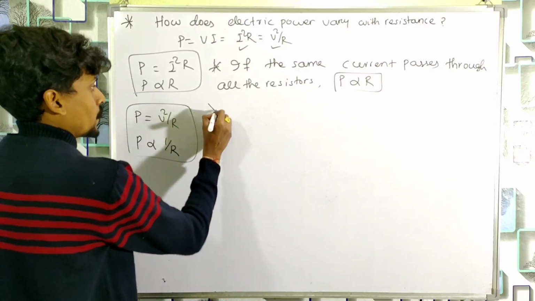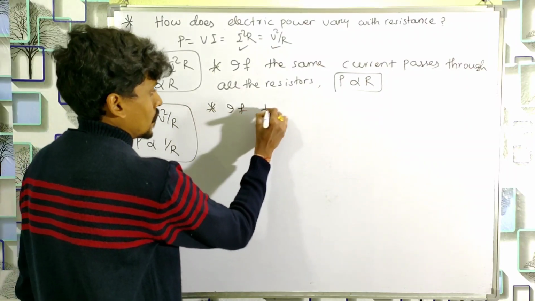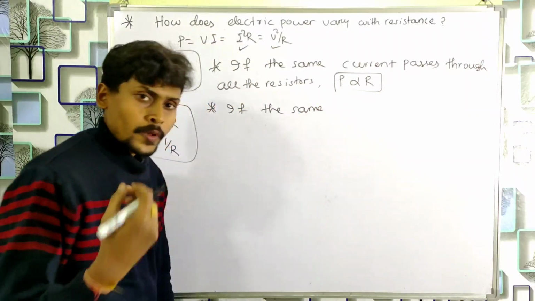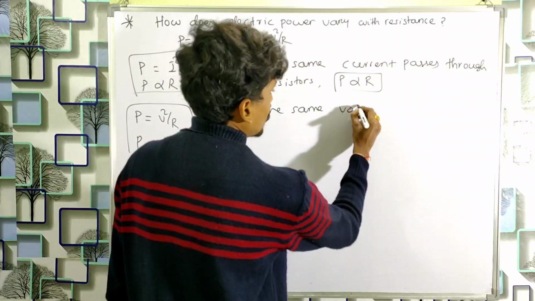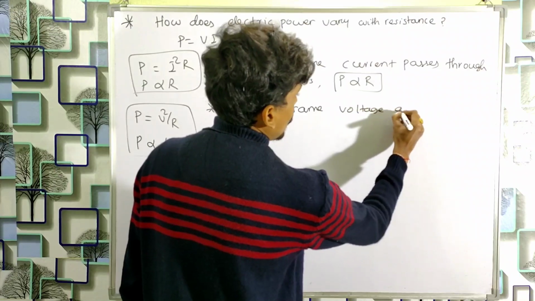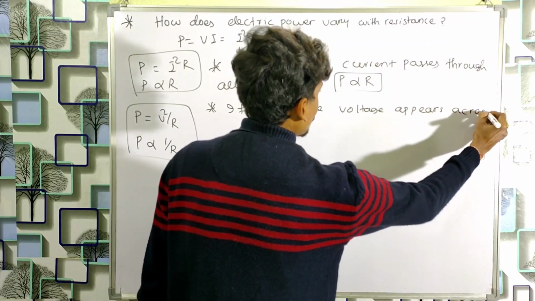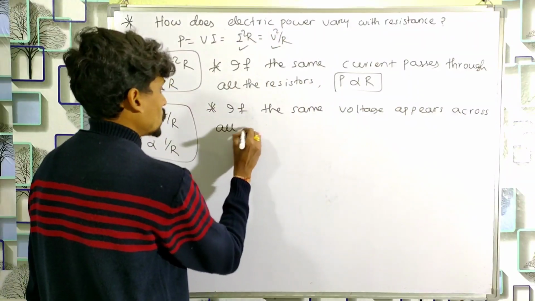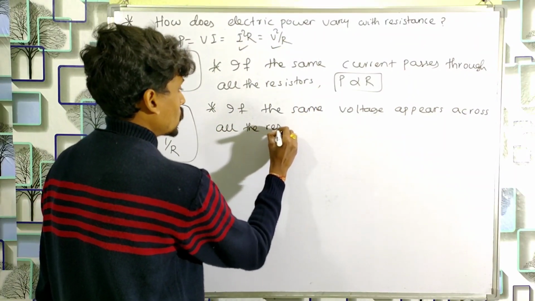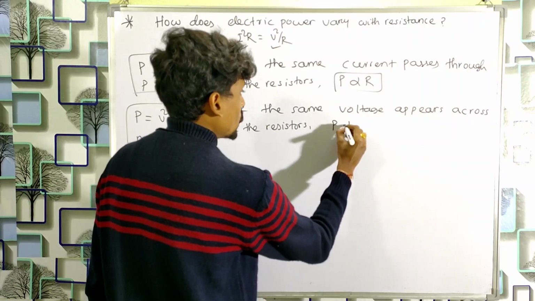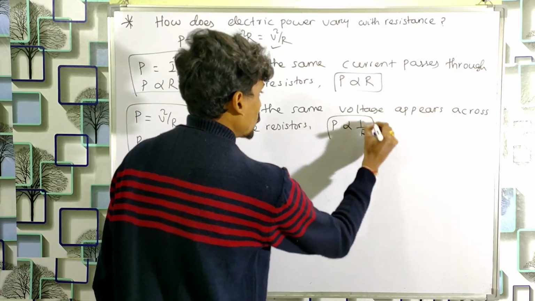But if the same potential difference or same voltage appears across all the resistors, तो से केस रे कोन हबो, P will be inversely proportional to resistance.